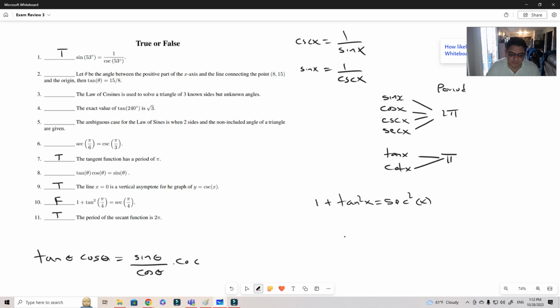And so now you can see that when we simplify, we can cancel the cosines, and we're just going to obtain sine of theta. So that will make this one true.